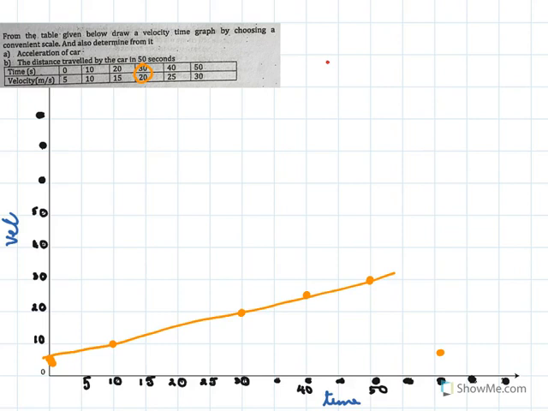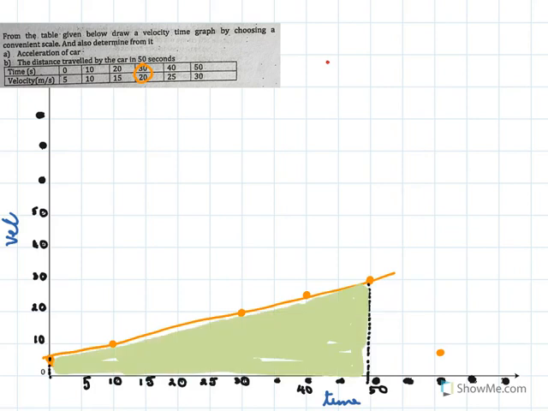Now we want to know what is the distance traveled in 50 seconds. To find the distance traveled in 50 seconds, you have to find this area. This entire area between 0 and 50 will give you the distance traveled.